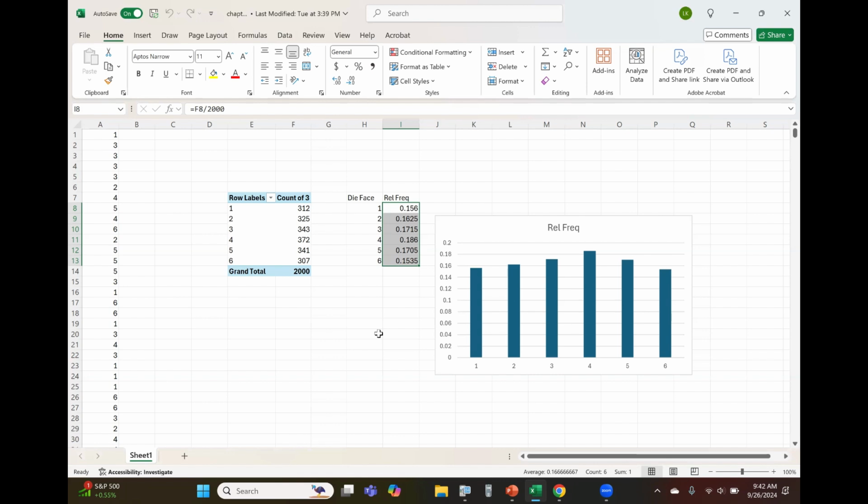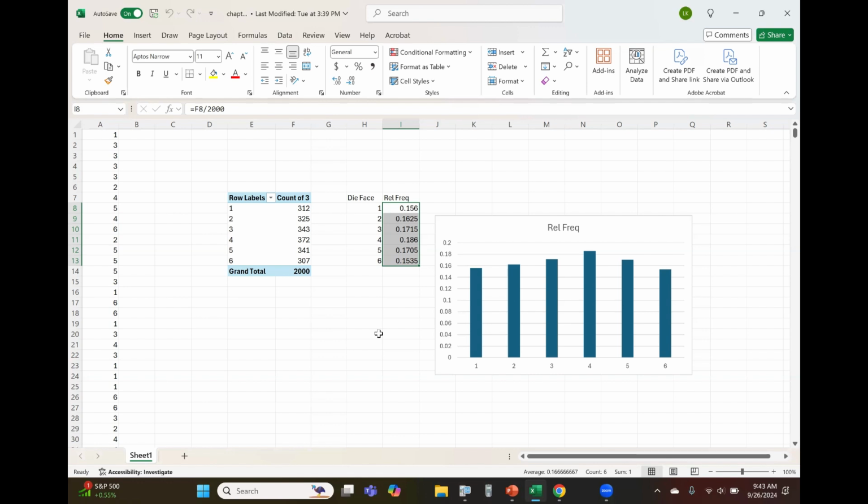So then I created a pivot table to count the number of ones, the number of twos, the number of threes, the number of fours, the number of fives, and the number of sixes that my random number generator generated. And this is a frequency table, because I have the values that my die can take on.